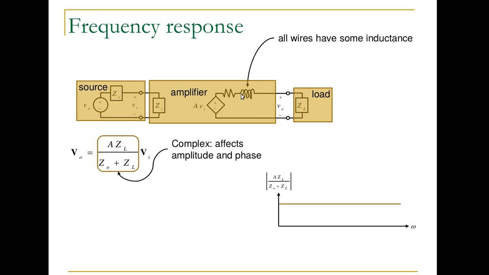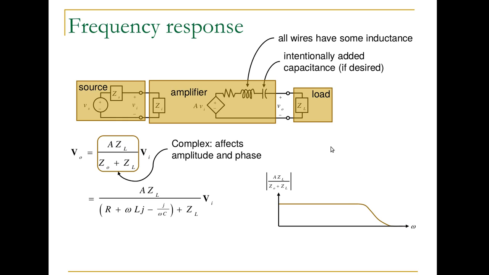For example, the wire would have some inductance, and we get this for our transfer function, and we end up with a cutoff frequency beyond which the gain or the amplification starts to decrease. We could also add some capacitance, and then we come up with a high-pass filter. So you can see here the cutoff frequencies that result from having complex impedances.